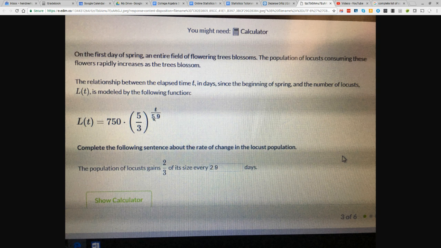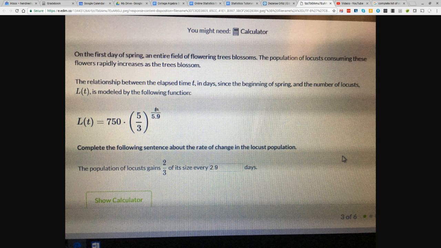After 1 day, it wouldn't have really gained the full 2/3 more locusts, right? It's every 5.9 days. This denominator divides however much time.